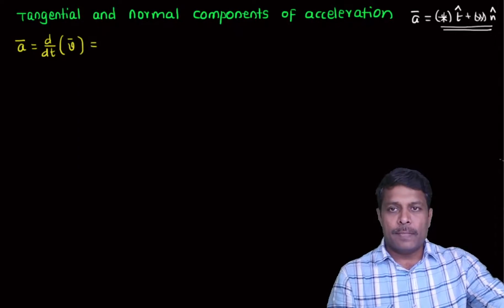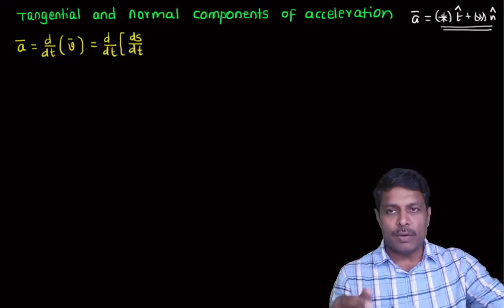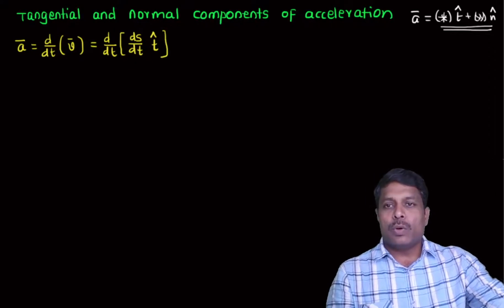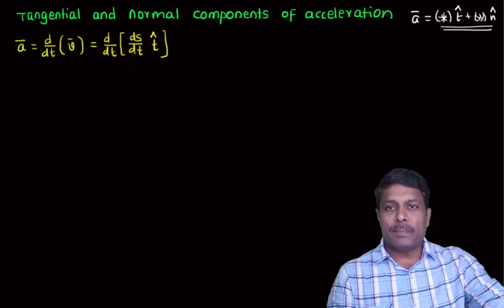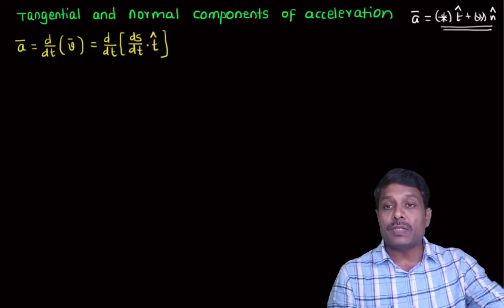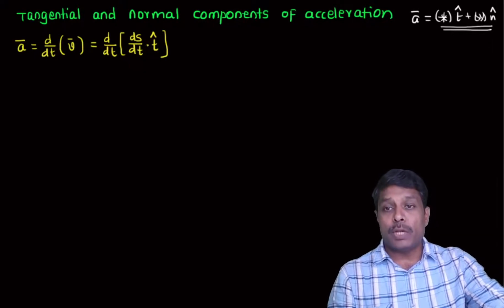Keeping d by dt as it is, I write v bar as ds by dt t cap plus 0 n cap, which we proved in the last session, but the 0 quantity is not necessary to write. So now this is a product of ds by dt and t cap.